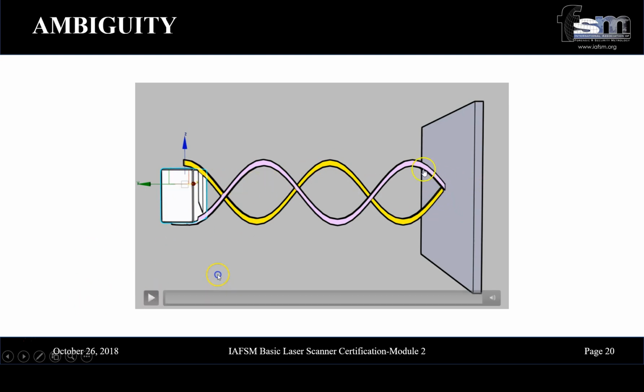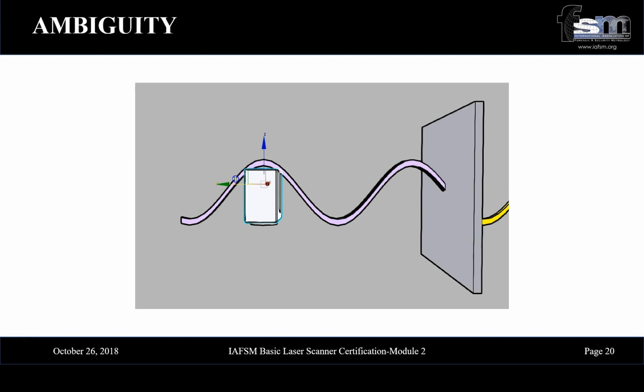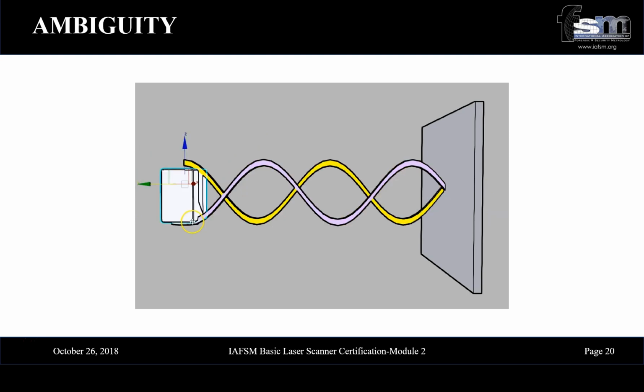Then I have the return wave here that's being reflected back. So when I do this, what you'll see is that I can move the scanner into positions which can coincide with the return wave, and there's many places that I can do this along the wave. So this is what's often referred to as ambiguity.